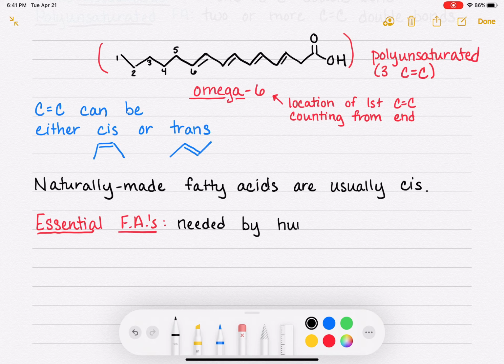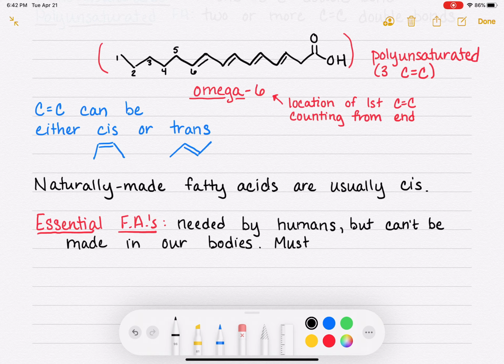It's something that we need to survive, but we can't make it inside of our bodies. It can be made in other biological systems, like in plants, but we can't make it. And because we need it and we can't make it, it is an essential part of our diet.